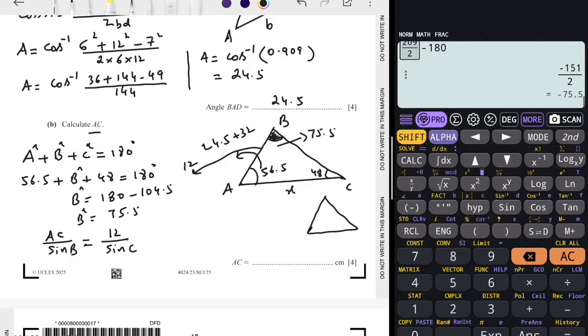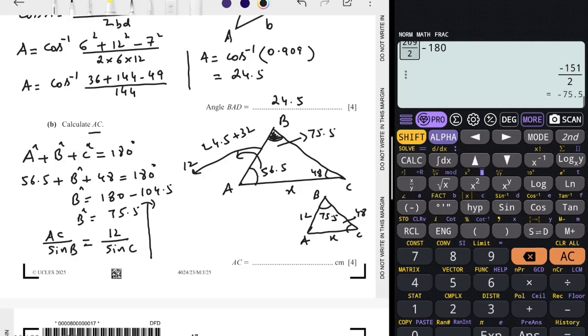The ratios of corresponding sides would be taken, A, C and B. We have to find out AC, and the opposite angle is 75.5, and angle C is 48, and its opposite side is 12. So we are going to make the ratios. Now do cross multiply, and afterwards we'll substitute values.